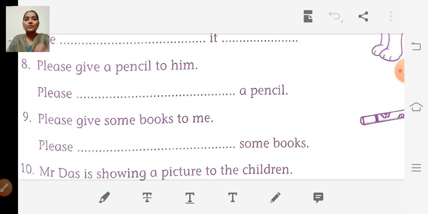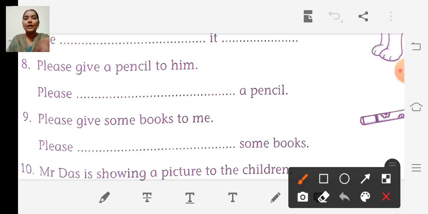Yes. So 8th sentence. Please give a pencil to him. So please. Next we have to write the action word give. Please give. To whom? To him.